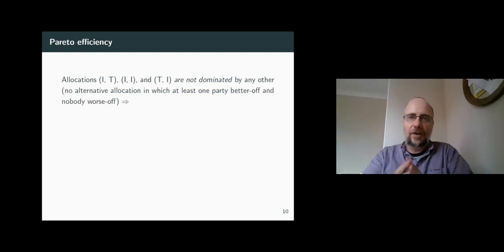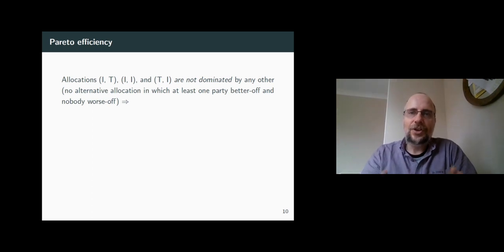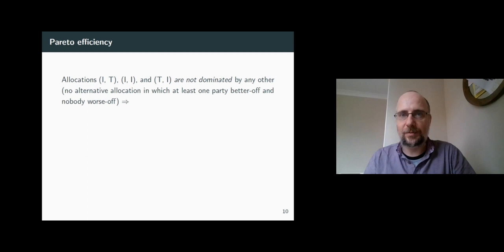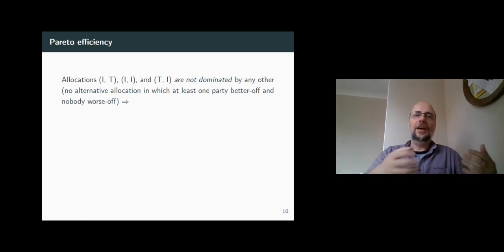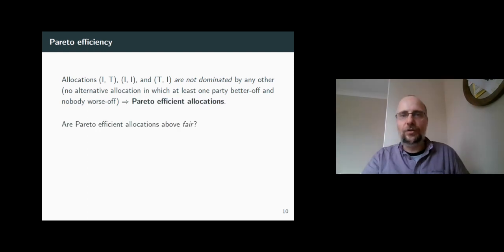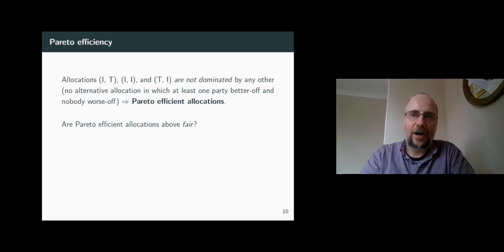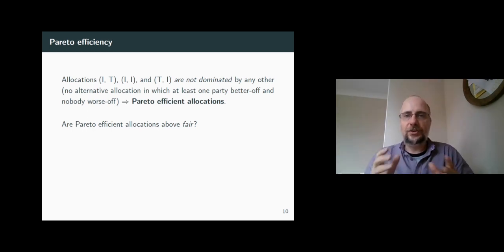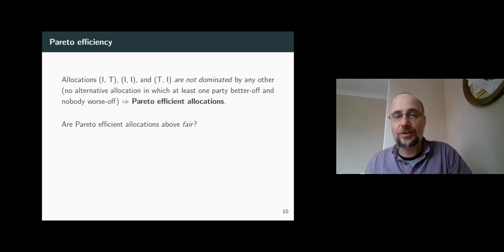Formally, in the jargon of our profession, we can say that there is no other allocation which makes at least one party better off without making another party worse off. We call these allocations Pareto efficient allocations. This is what we mean by Pareto efficiency: when a certain allocation is impossible to improve for someone without making someone else worse off.